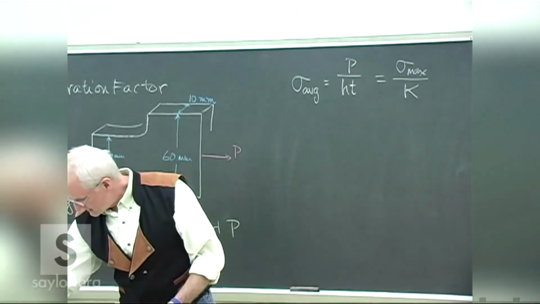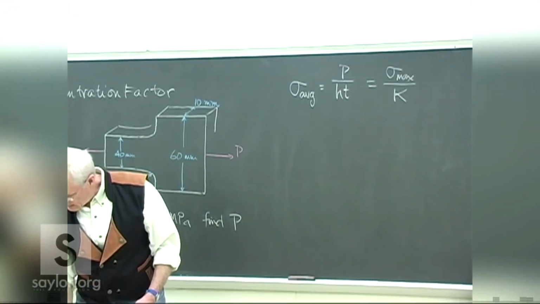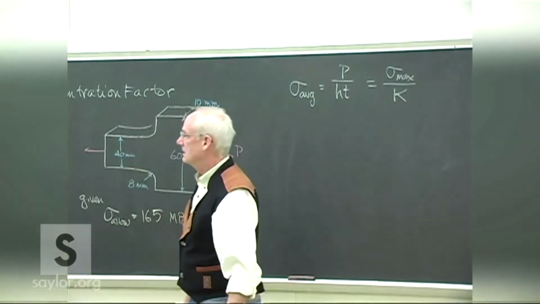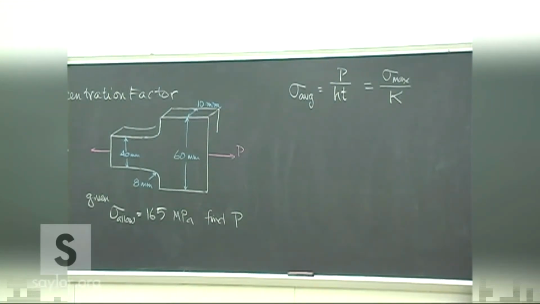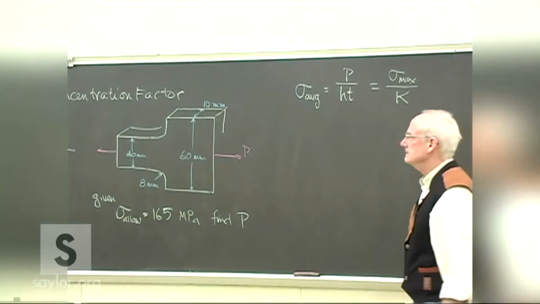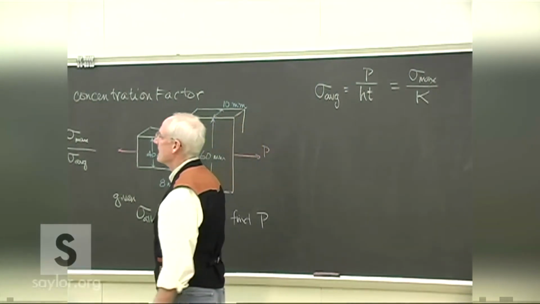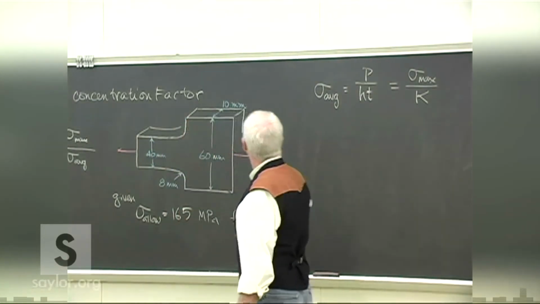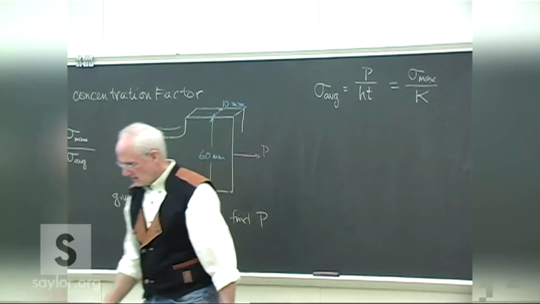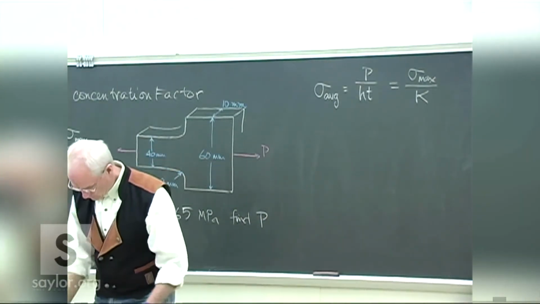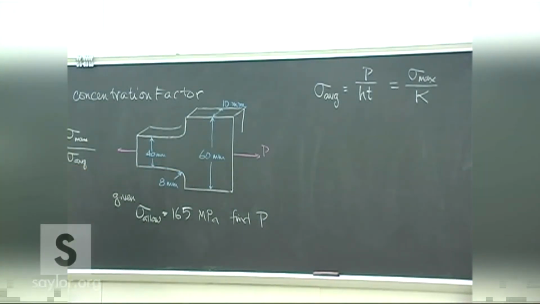So take a second to practice that a little bit, and remember that's R over H, the radius of the fillet compared to the minimum height of the piece. T is the width. Notice T doesn't really come into this other than for the calculation of the average stress value that we need to work out the stress concentration factor.